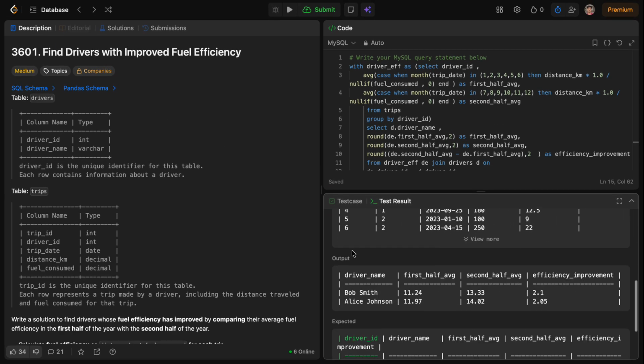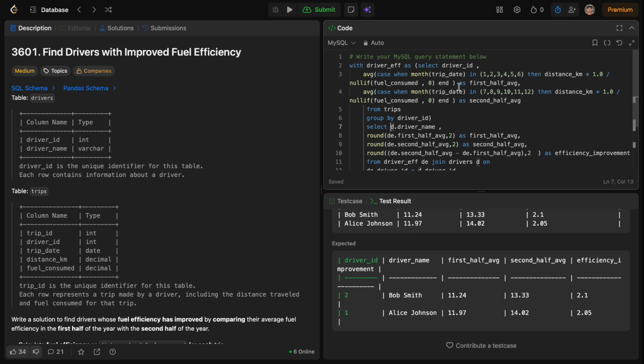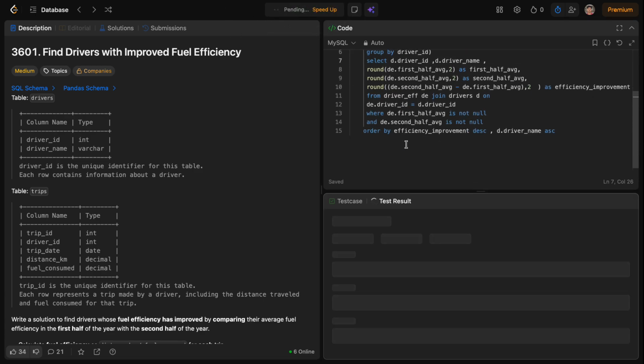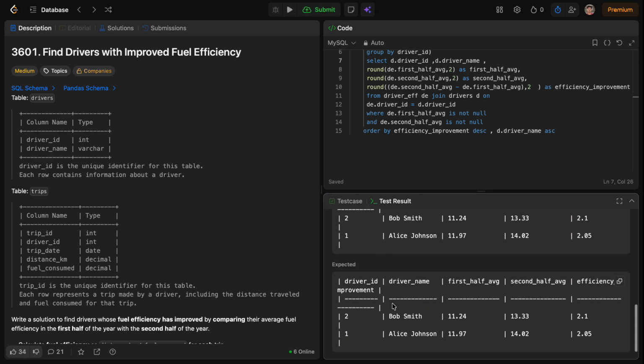Now run this and see what it returns. Are we missing something? Driver ID. We want the driver ID as well, so no issue: D dot driver ID, comma. Now running this and checking. See, perfect.